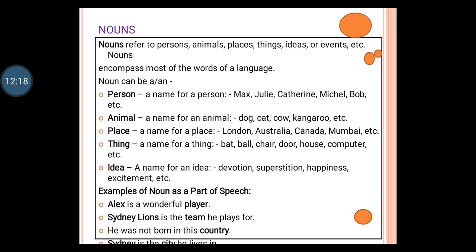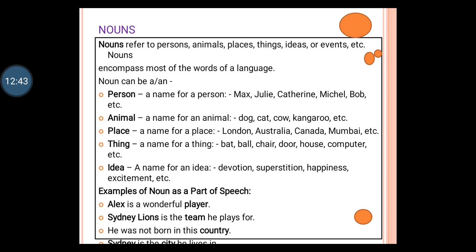Examples of nouns, of noun as a part of speech, using nouns in a sentence. Now, in these sentences, you can see that I have highlighted or emboldened the words that are nouns. Look at the first word there.